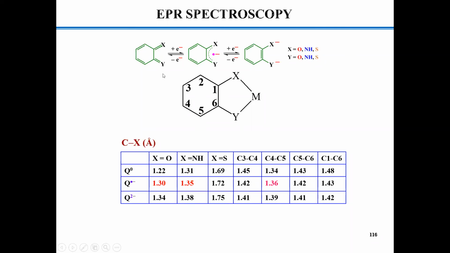The ortho-quinone, we know, can have three oxidation states like this. When they bind to the metal ion, the CX bond distance is diagnostic of its oxidation state, and I have given you the table. Once you have the crystal structure, you can get the information on which oxidation state your ligand is in, and then subsequently the metal and other things.